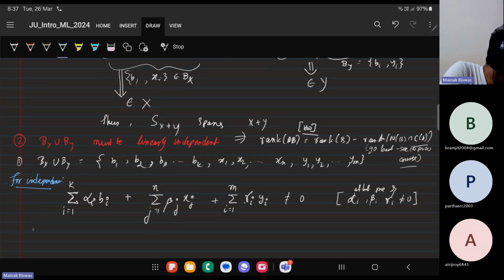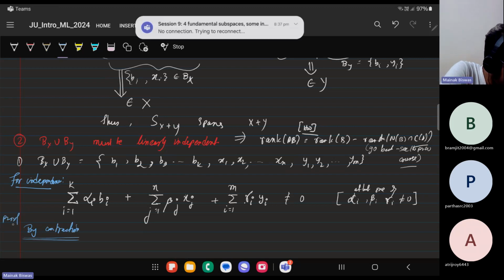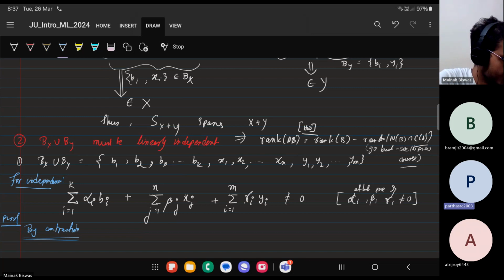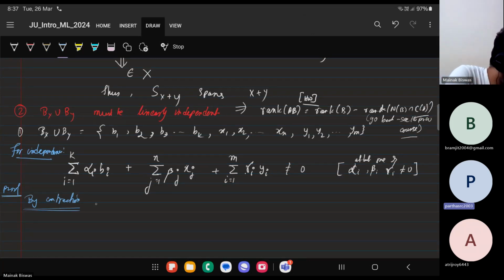Okay, but we will prove by contradiction. So how do we prove by contradiction? We'll assume that they're not independent. Let these vectors be dependent.